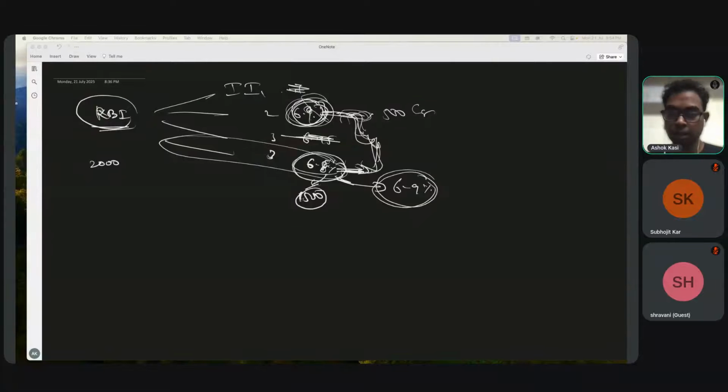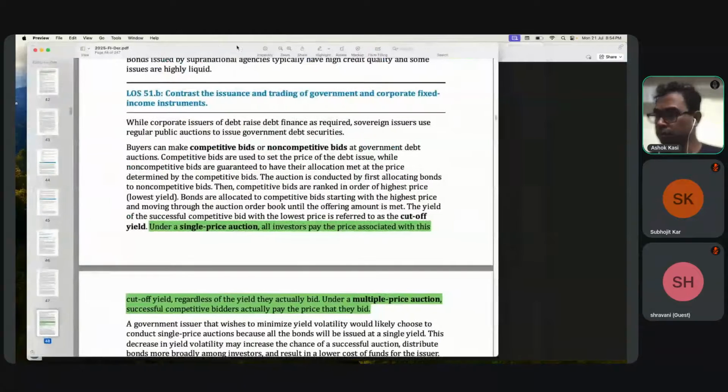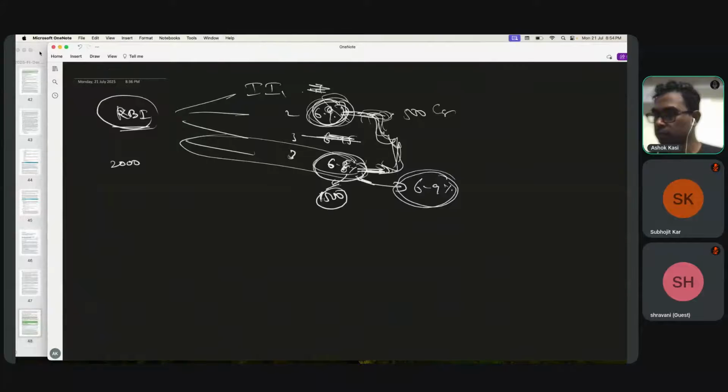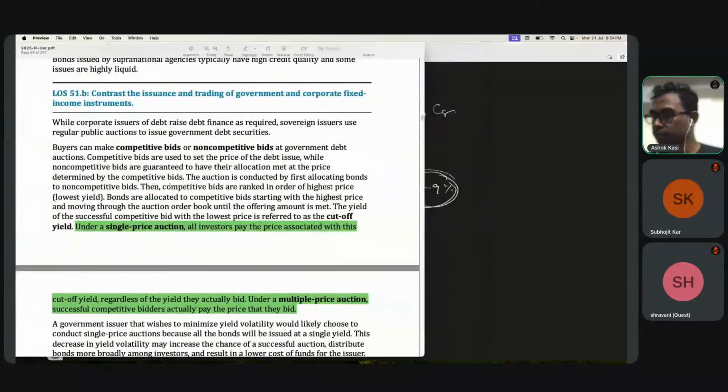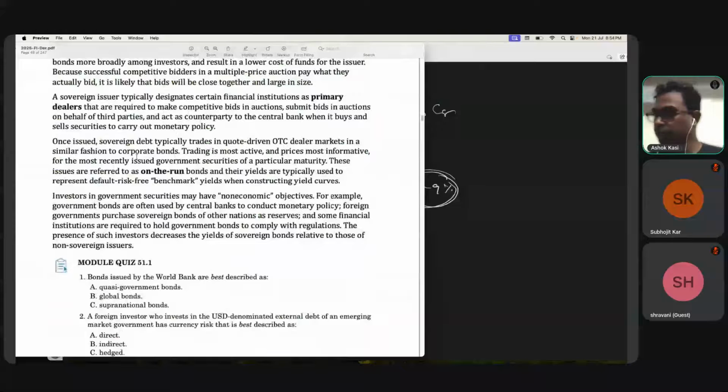Okay. Then next one. Primary dealers. Primary dealer means when it is like wholesale business.